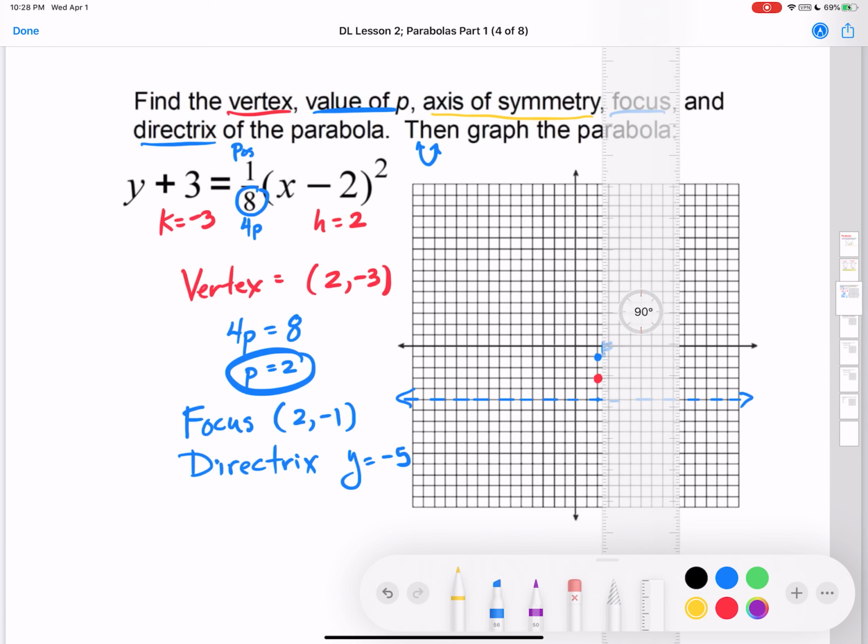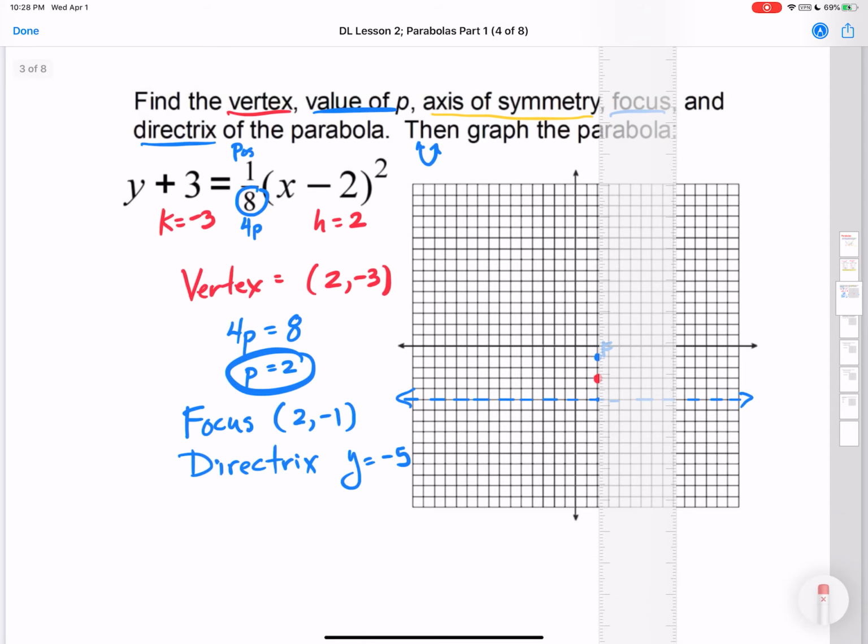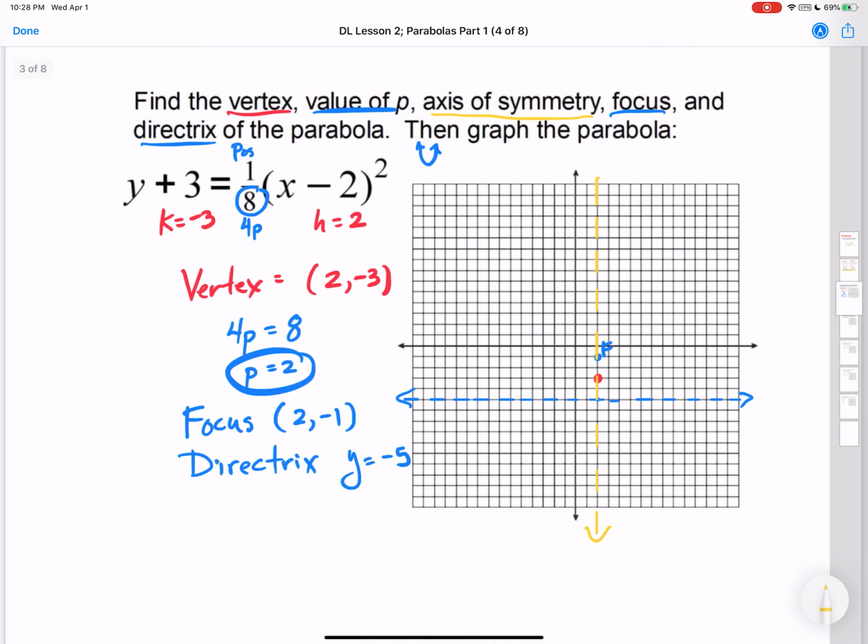So I'm going to draw this line right over here, and that's going to give me my axis of symmetry. So the axis of symmetry, the AOS, is going through the point where x is equal to 2. So it's a straight line, x equals 2.